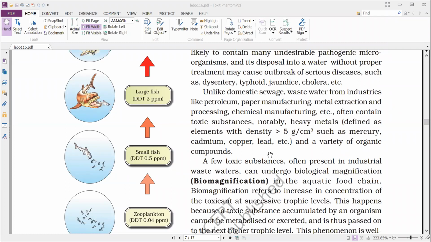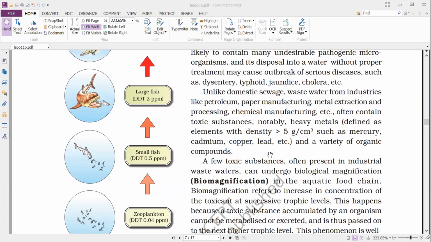When it comes to heavy metals, they are not metabolically used up by the organism. As it is not utilized, the metal which is not metabolically used by any organism gets accumulated from one trophic level to another trophic level.